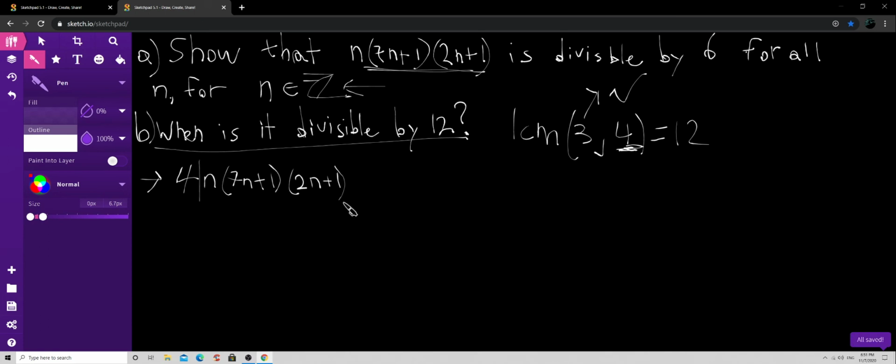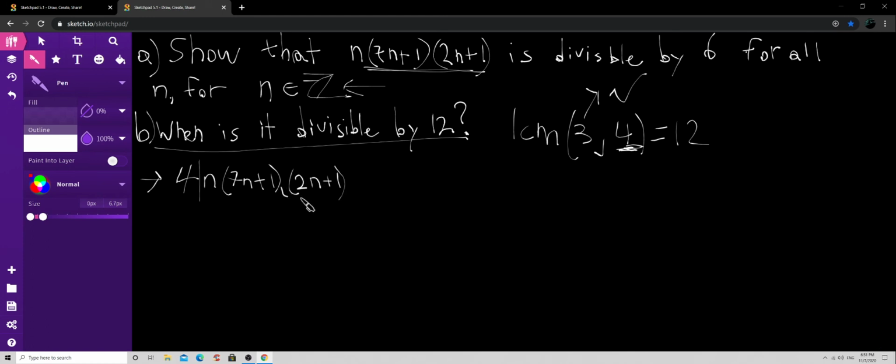And it's important to note that this section is odd no matter what n we plug into there. So therefore, this won't affect whether this is divisible or not.